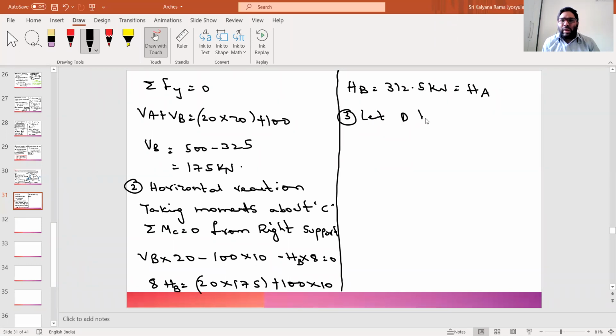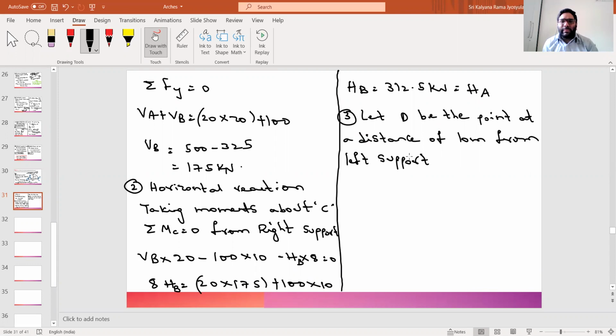Let D be the point at a distance of 10 meter from the left support, where normal thrust and radial shear are to be calculated.